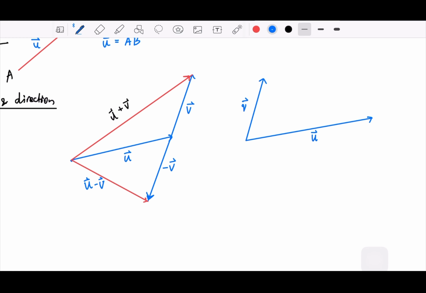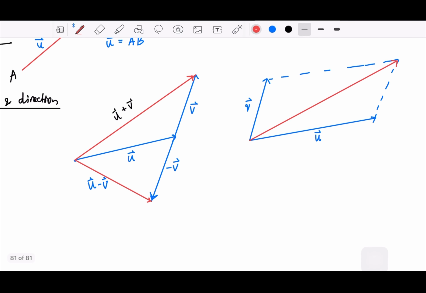Okay, just a quick review. We call this the parallelogram law, but I don't think the name is important as long as you know how to deal with vectors.